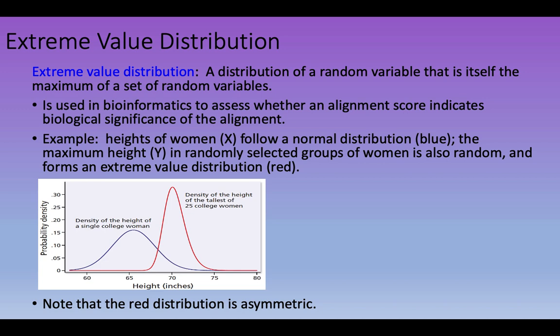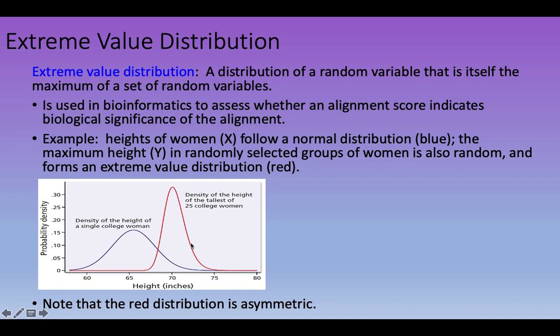And so as I pull in these maximum tallest women, say I do a sample of 25, I end up with a different distribution than this density for college women, right? So this is the height of all women. This is the distribution that I'm going to get if I sample 25 of all of these women, for their heights.